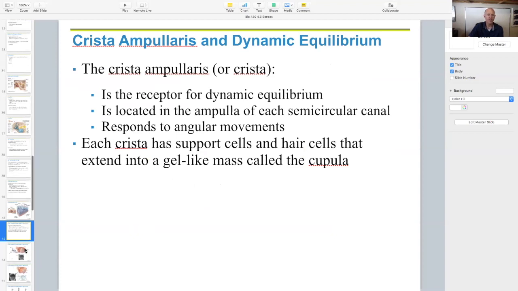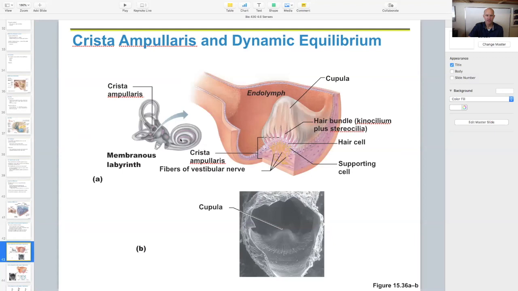And here's what this looks like. So here are these semicircular ducts sitting in the canals, right? And at the base of those areas, we have this cupula. The cupula sits on top of a membrane, and this membrane has hair cells and supporting cells, and those hair cells have stereocilia that come up into this cupula.